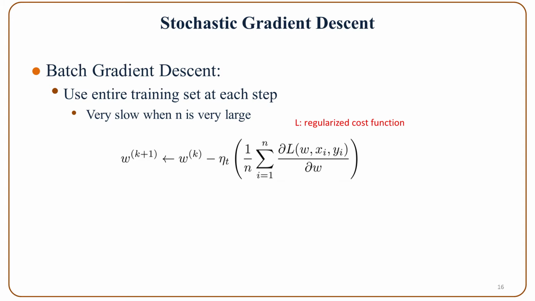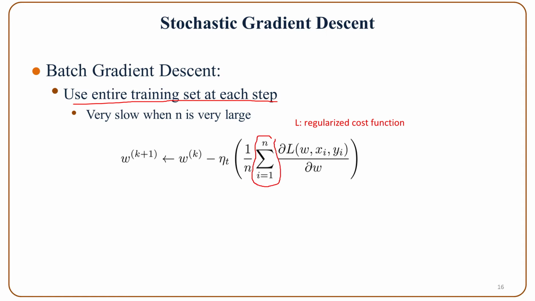Now we talked about stochastic gradient descent. With regular gradient descent or batch gradient descent, we use the entire training set at each step, and it is very slow when n, meaning the number of examples, is very large. This is a problem.